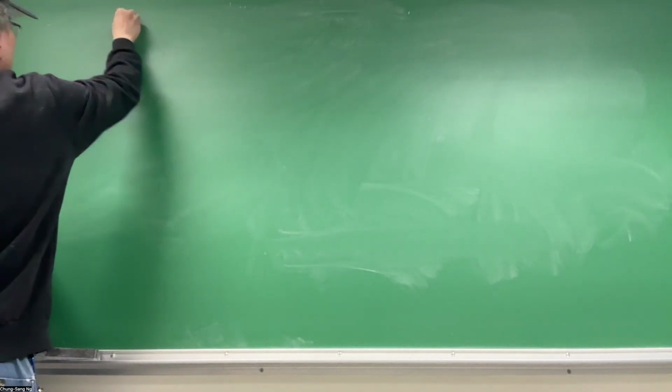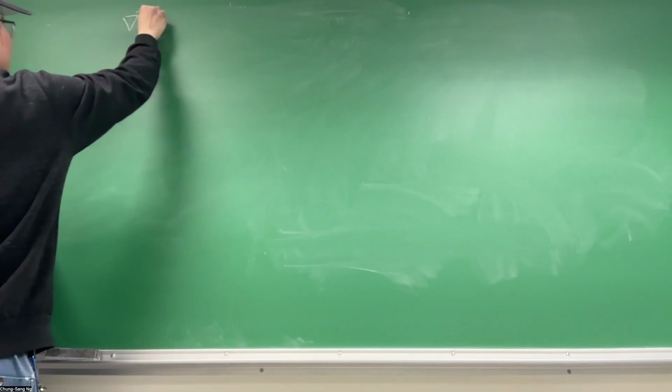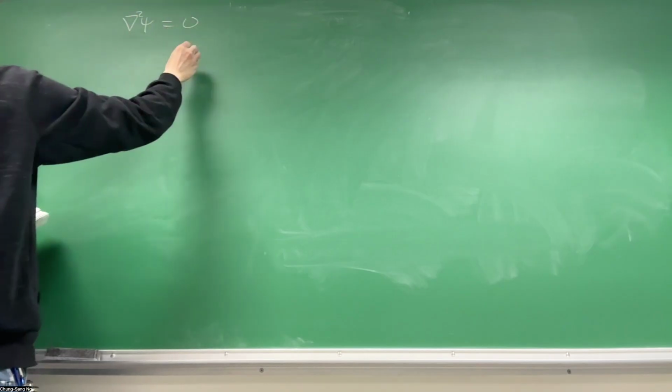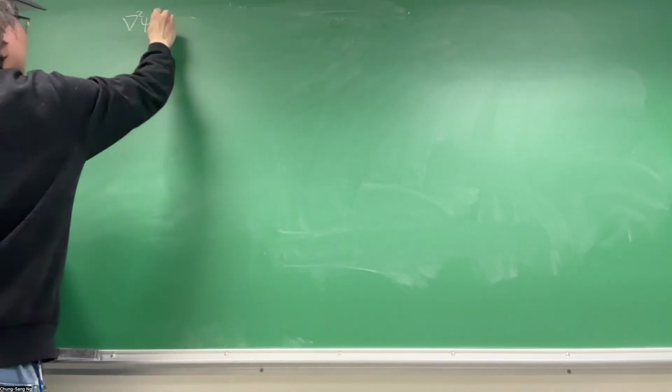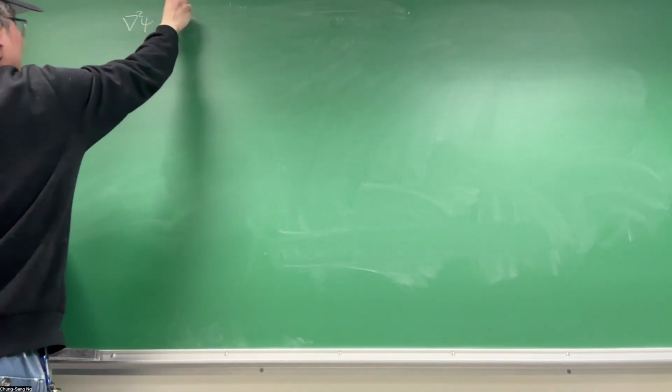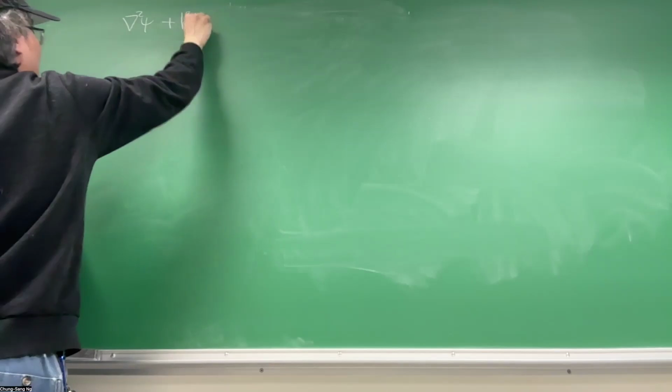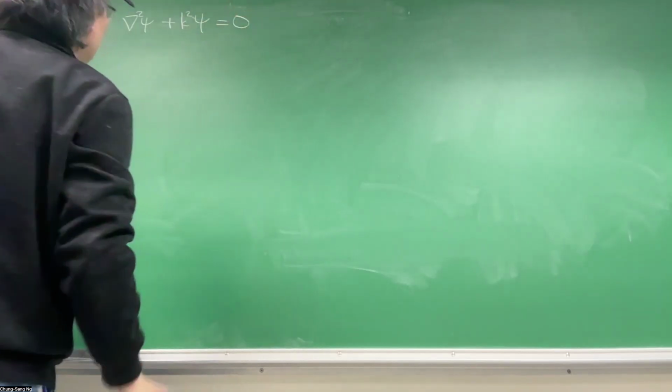If the Laplacian of psi is 0, that's called the Laplace equation. But in this case, we have Laplacian psi plus k squared psi equals 0.